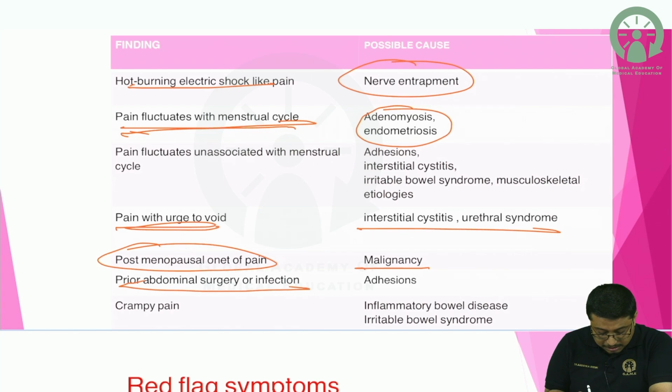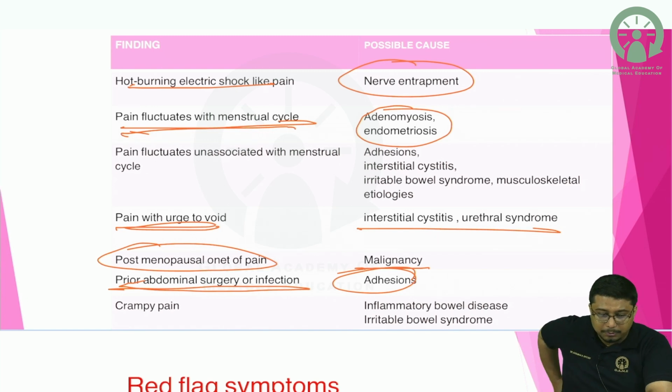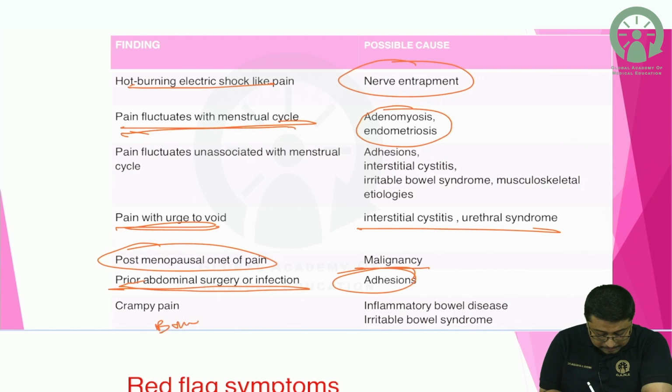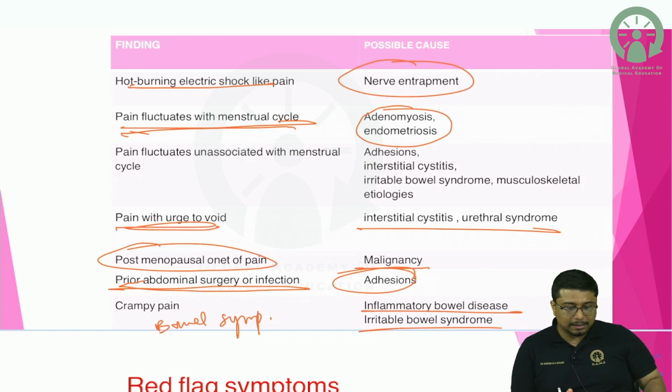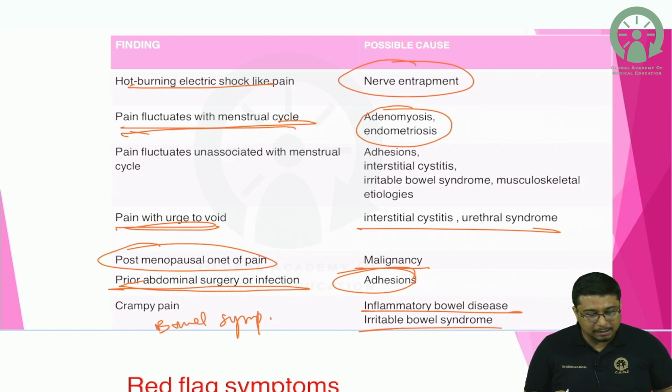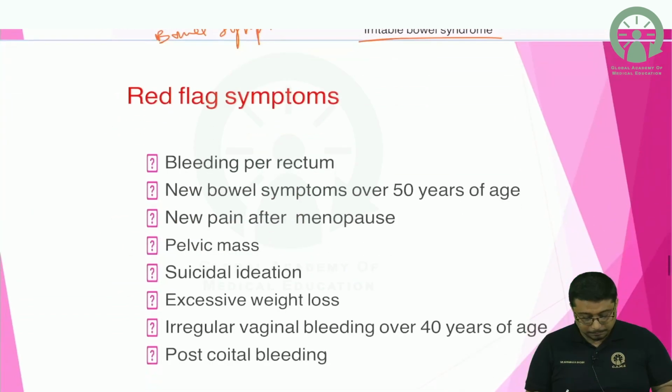If the question mentions prior abdominal surgery, then they want to point you towards adhesions. Or if they give a history of bowel symptoms, then they are talking about inflammatory bowel disease. So in your question you should be very careful to pick up the subtle hints if it is a clinical situation. Okay, so coming to the red flag syndromes.